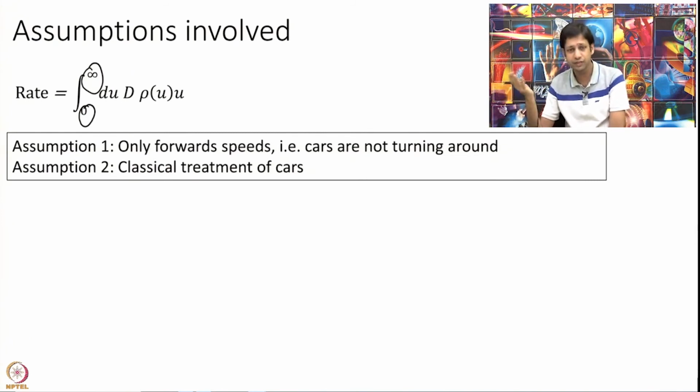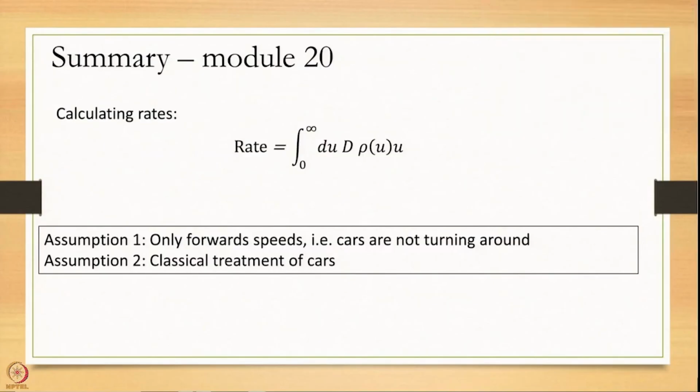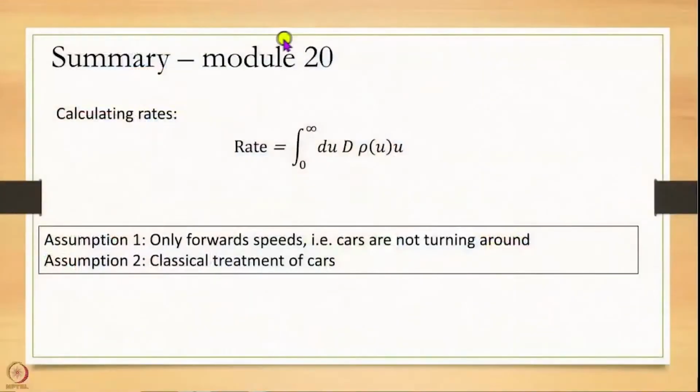This becomes a bit more tricky when you think of atoms and molecules. Cars are of course described by Newton's laws very well. Atoms, molecules, most likely they are, but you can have exceptions. So, today I just want to give you this important expression for the rate. Anytime you calculate rate, this fundamental expression is used. Rate is an integral over speeds, the density multiplied by the probability that I am at a given speed u and multiplied by u.